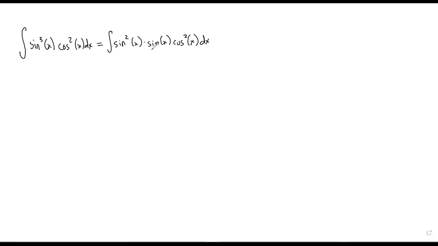And we're going to absorb these pieces into the derivative of cosine x. Because the derivative of cosine yields a negative, we're going to go ahead and stick that negative out here.